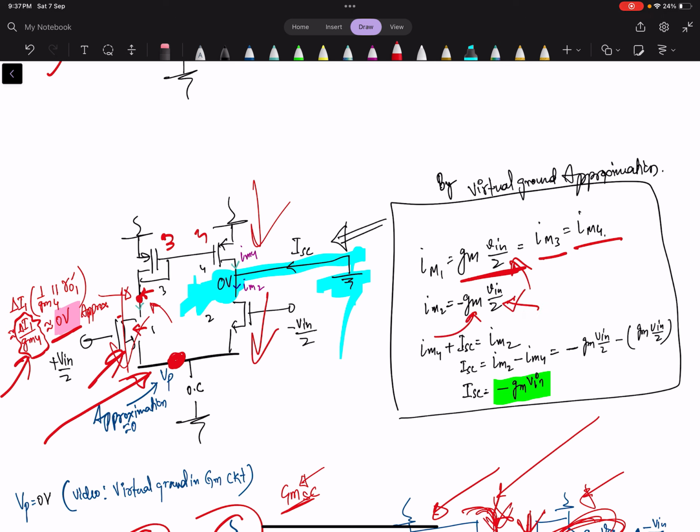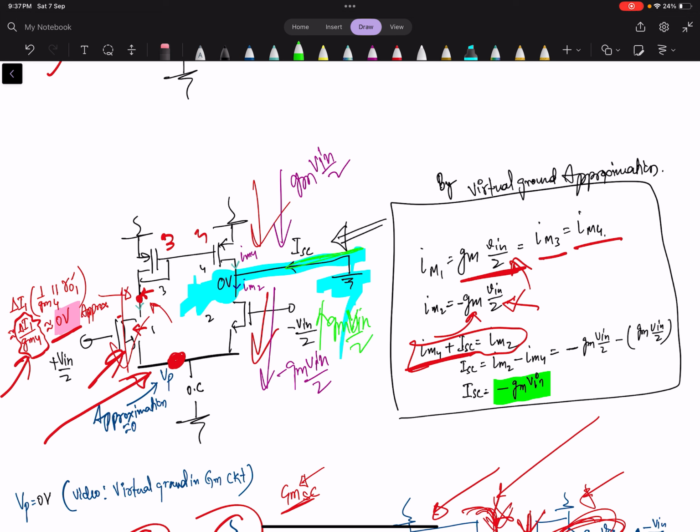So if we apply KCL for the short circuit, what will the total current be? This is GM V in by 2, and in this direction it is minus GM V in by 2, but in the opposite direction it is GM V in by 2.